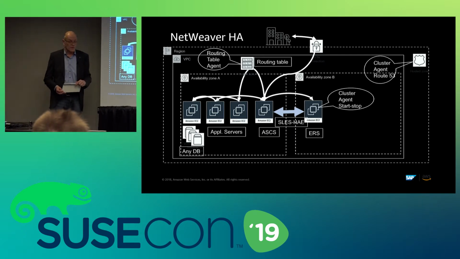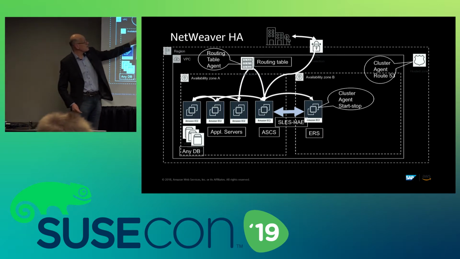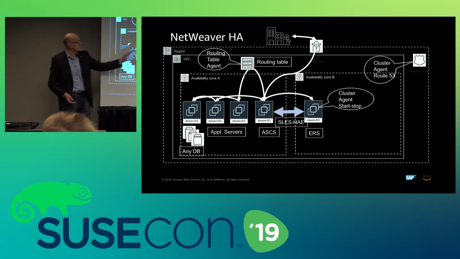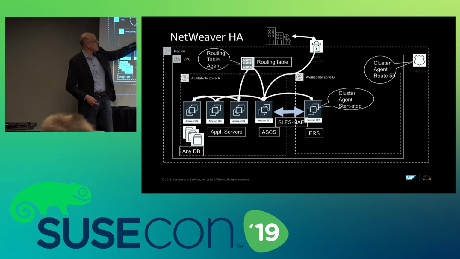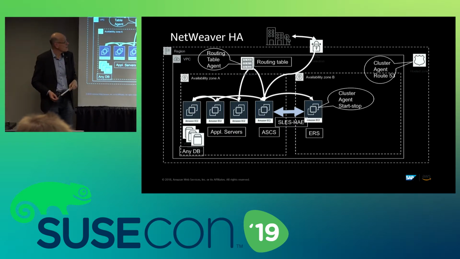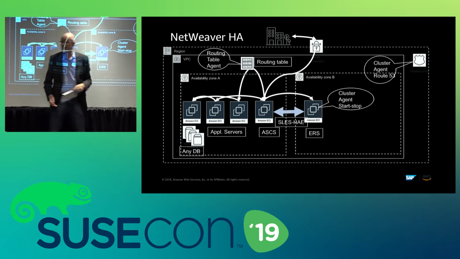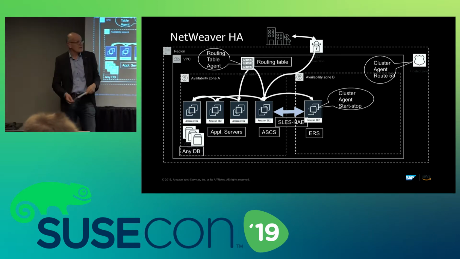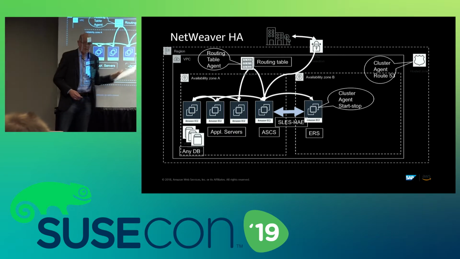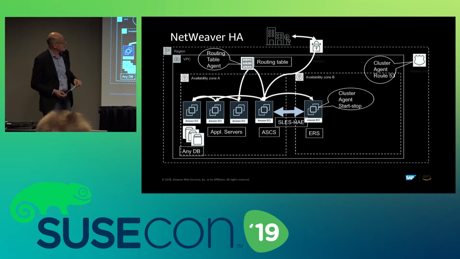When it comes to the reconfiguration of the network topology, they use a routing table agent, which means they change a routing table, which is normally sending traffic to this instance, and after a takeover, it's going to send traffic to the other instance. SUSE is going to run a Route 53 agent, which is our DNS service. This allows on-premise GUI users to get redirected to the central instance server in question.